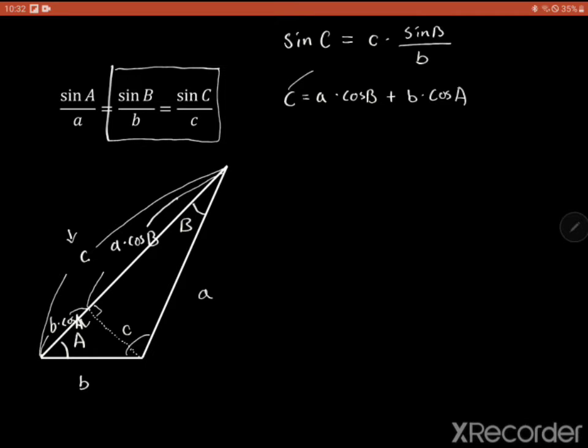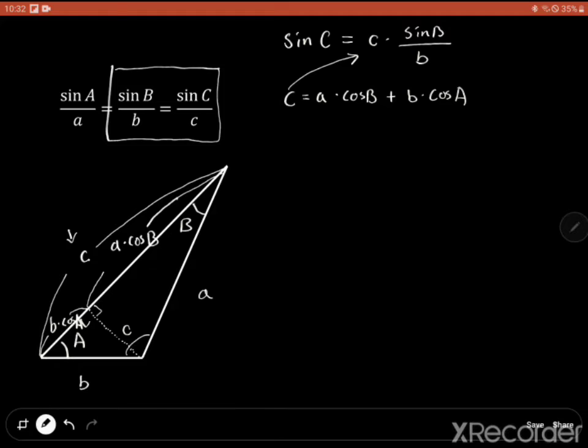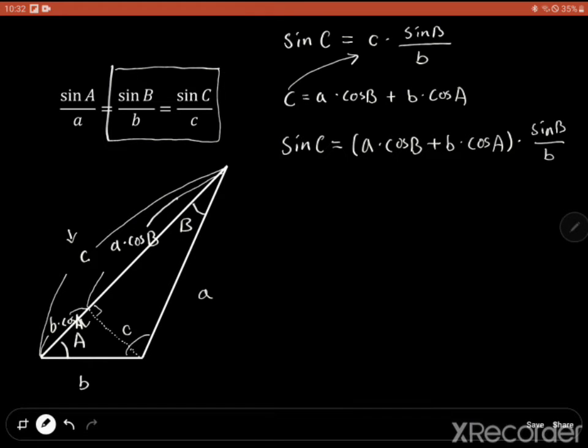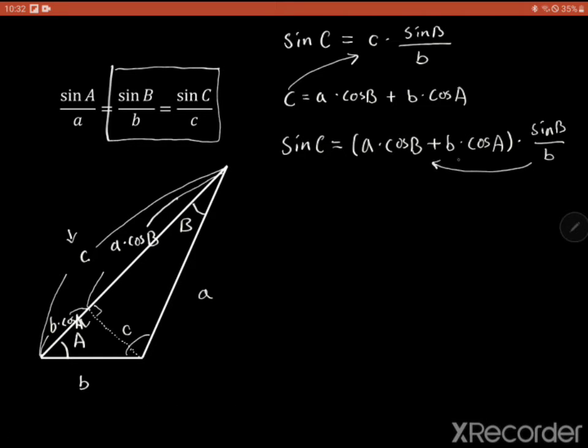And we simply substitute into our equation. Sine C is equal to a multiplied by cosine B plus b cosine A, with multiplication of sine B over b. Next, we're going to multiply with our denominator first in this equation.